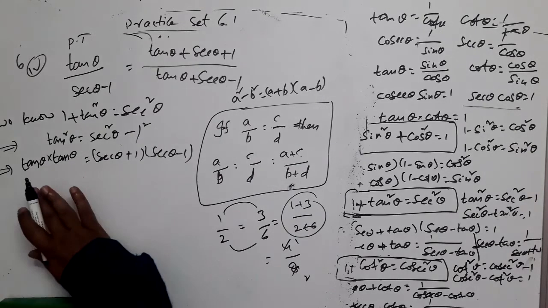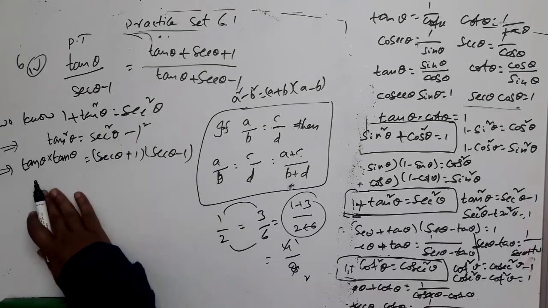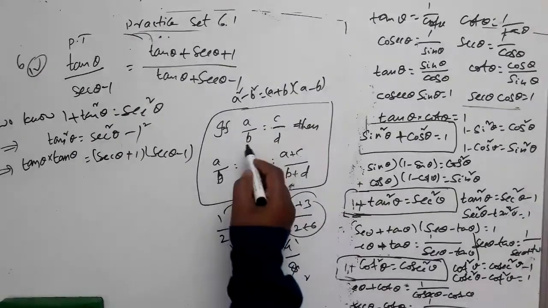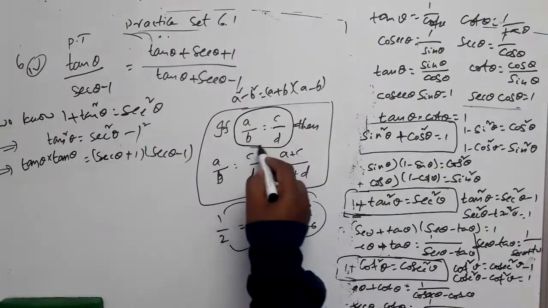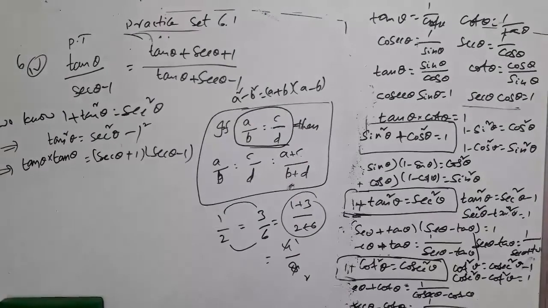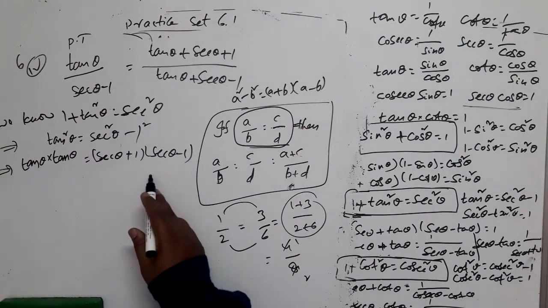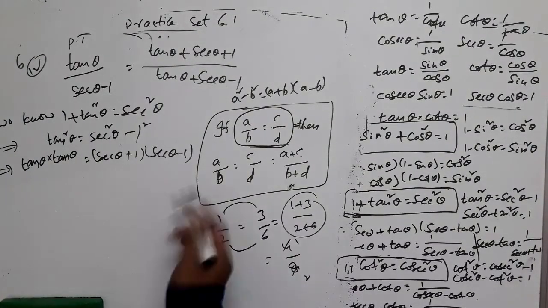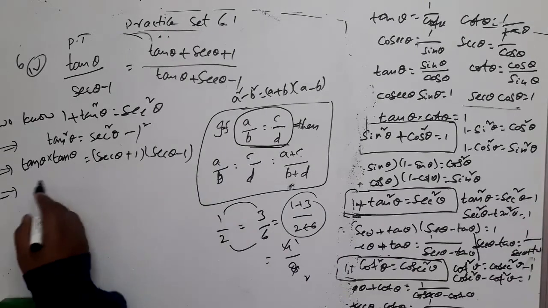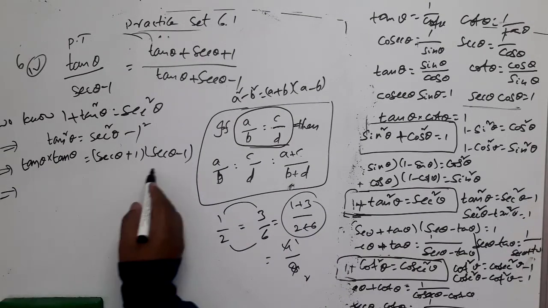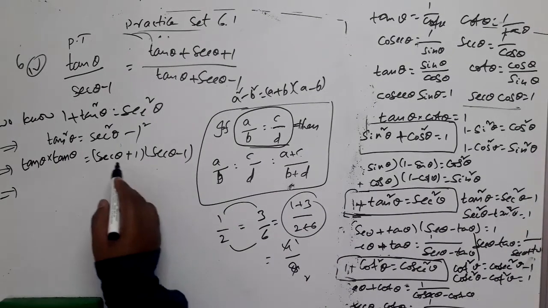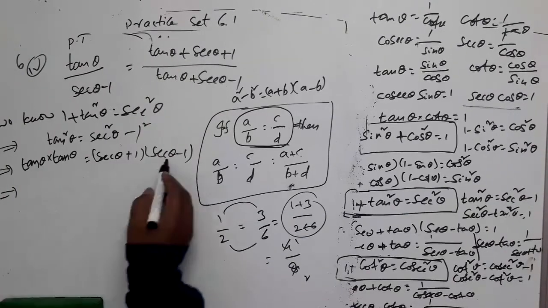Why am I writing this? Because I want to have two equal ratios here involving secant, tan and 1. So for that I am writing like this. See this. One tan I am taking to the other side.